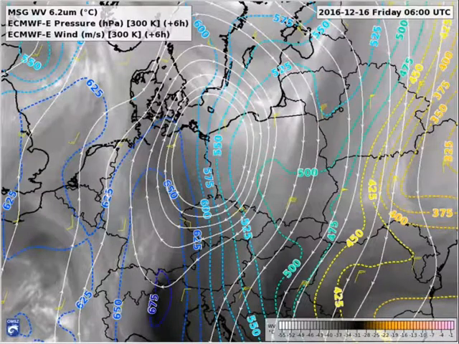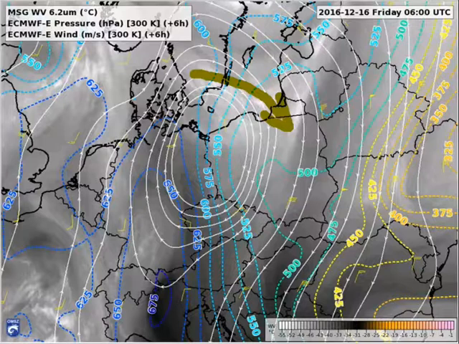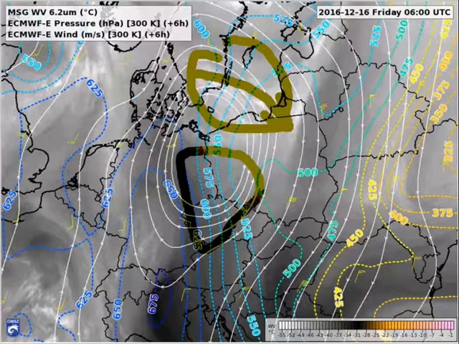And if we check the water vapor image, we can see that along the upward motion there are much colder temperatures, so moisture and clouds are developing here. But here, because of the downward motion, the air is drier and drier.